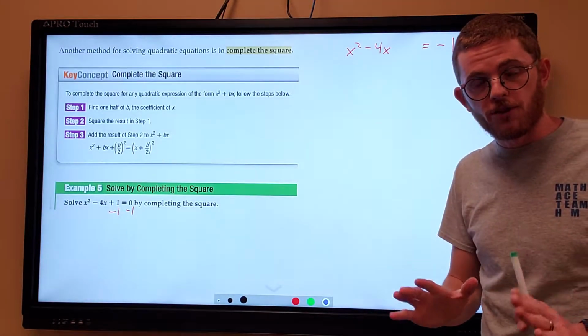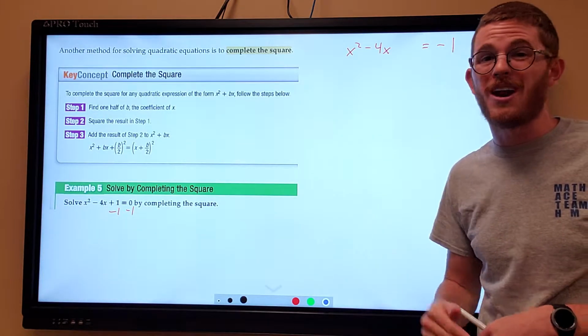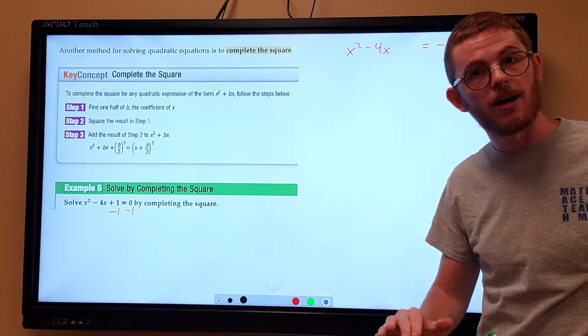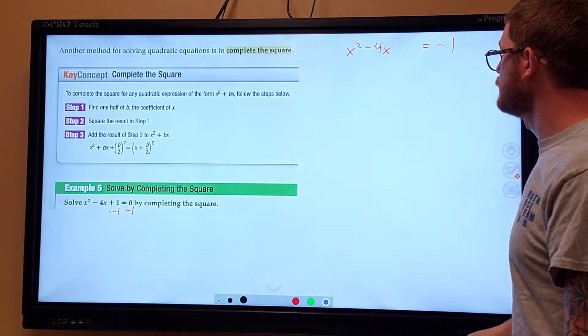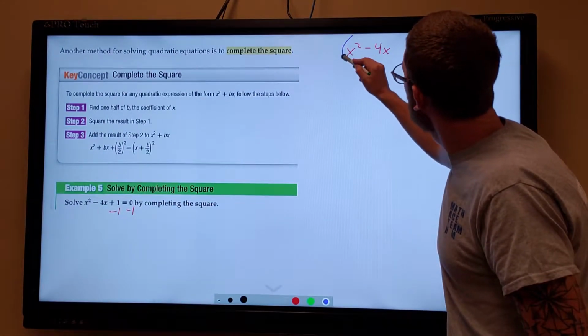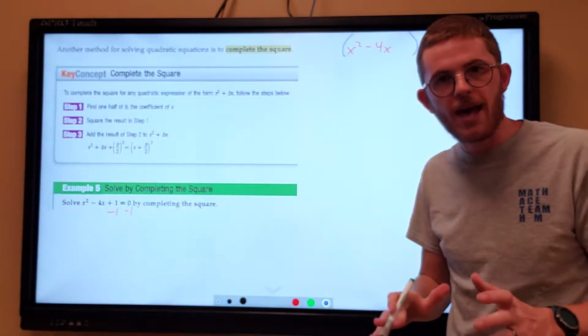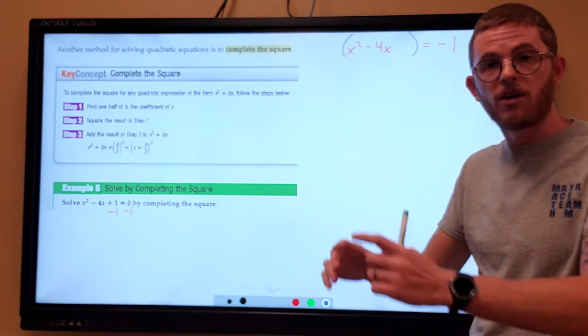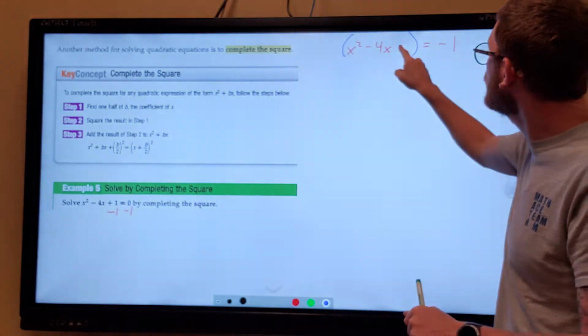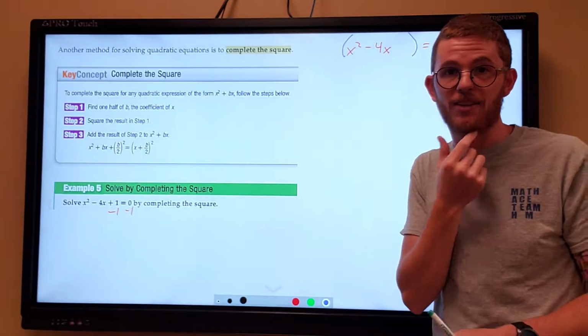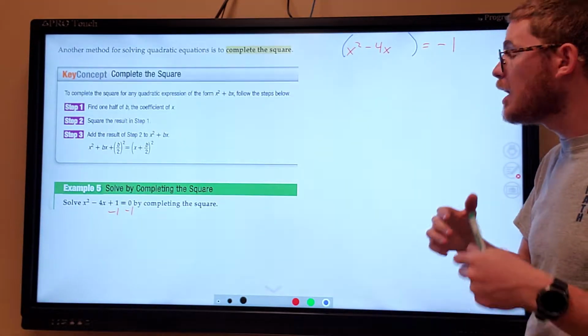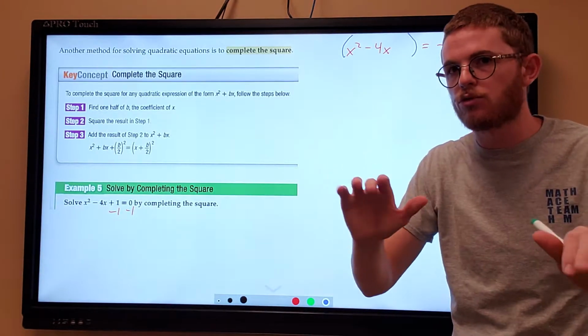Okay, first step. Now I'm going to show you these steps really slow, and I really would take time to do each step individually. We're going to group the x terms together, the terms with x together. We're going to group them together with parentheses. We're going to leave some space inside the parentheses. And we're going to tell ourselves this rhyme.